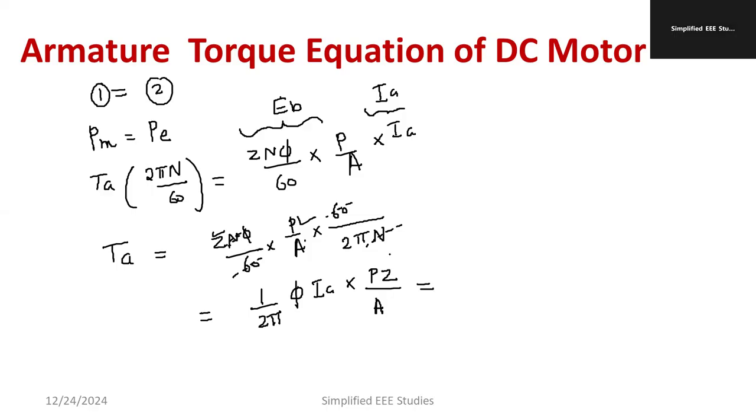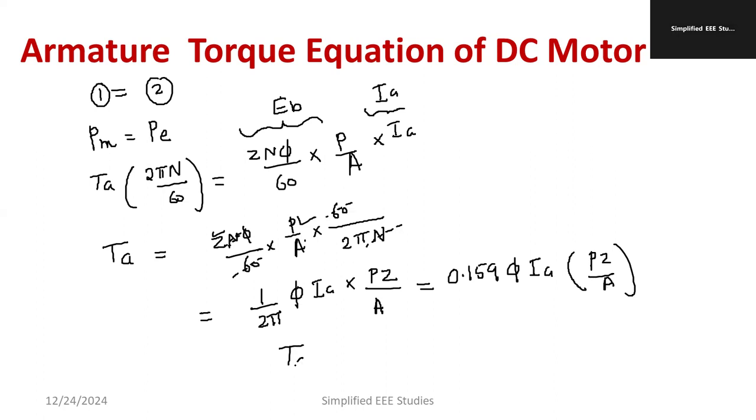It is 0.159, please check it. So we have 0.159 into phi into IA, and ZP divided by A. A depends on the kind of winding employed. If it is lap winding, A is equal to the number of poles. If it is wave winding, A is equal to 2. A is the number of parallel paths.